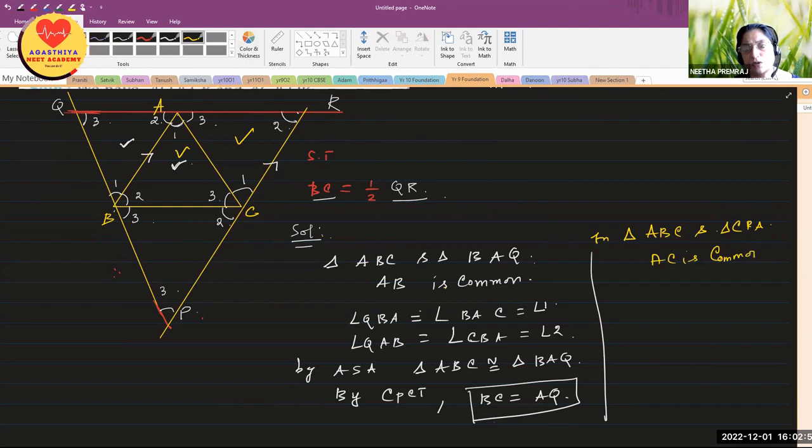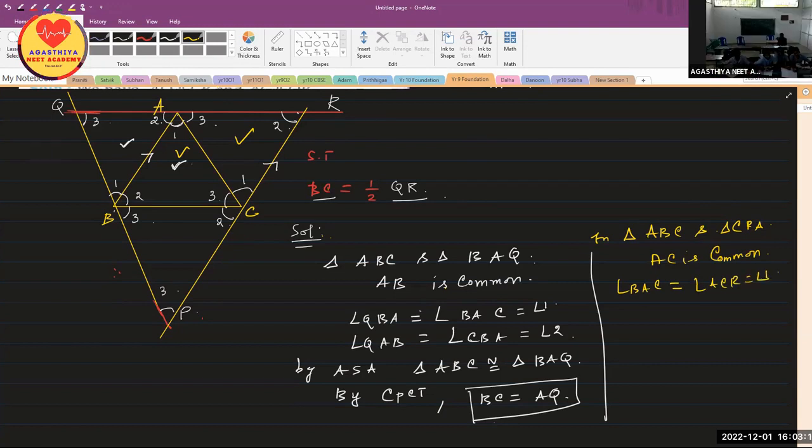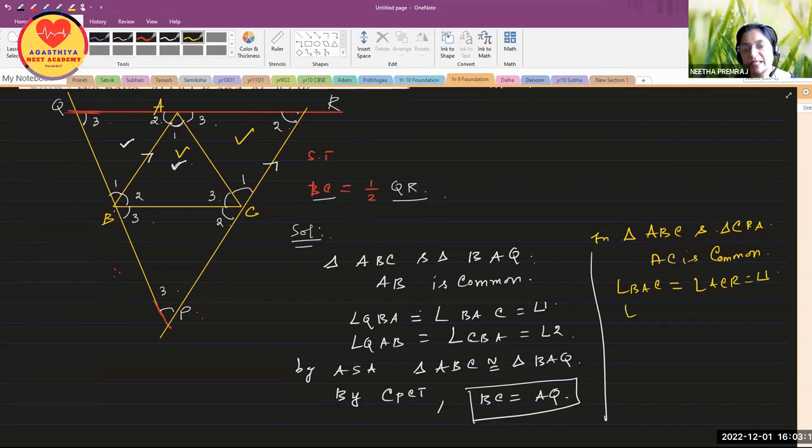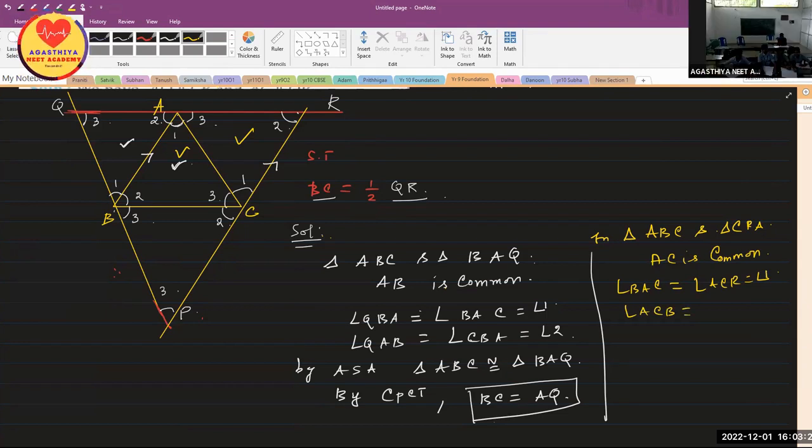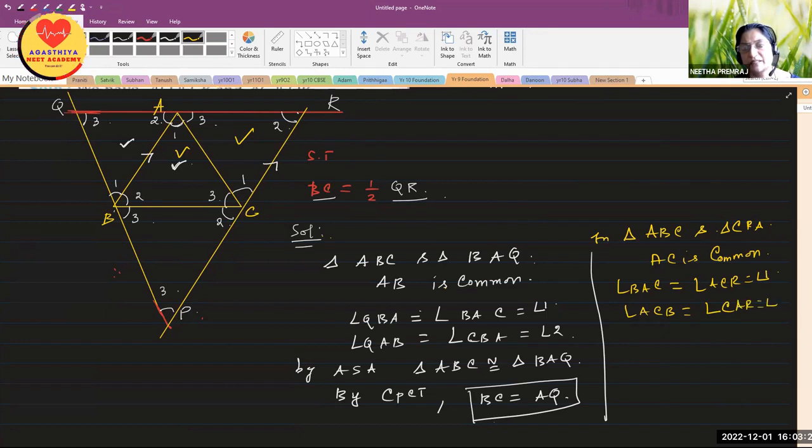Tell me, AC is common, and angle BAC is equal to angle ACR, that is angle 1, and angle ACB is equal to angle RAC or CAR, whatever, that is angle 3.